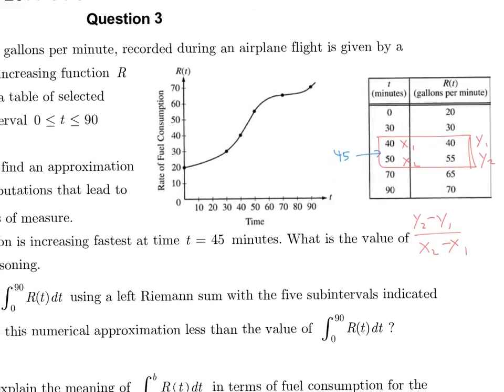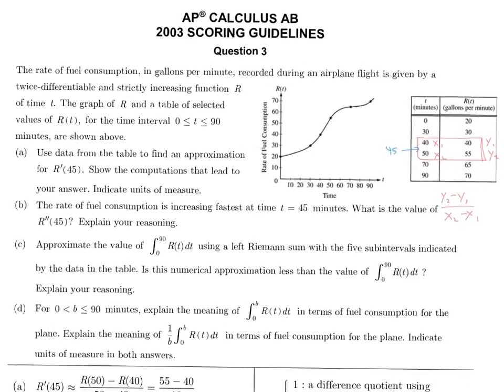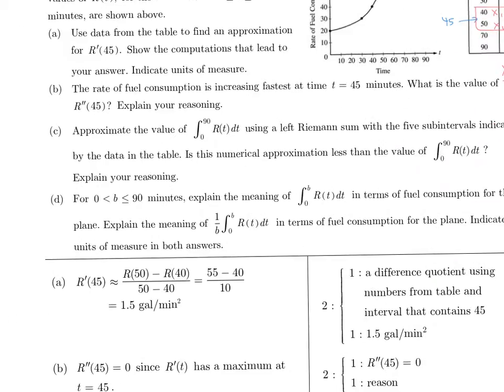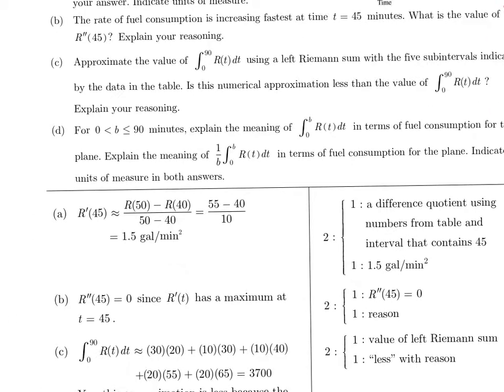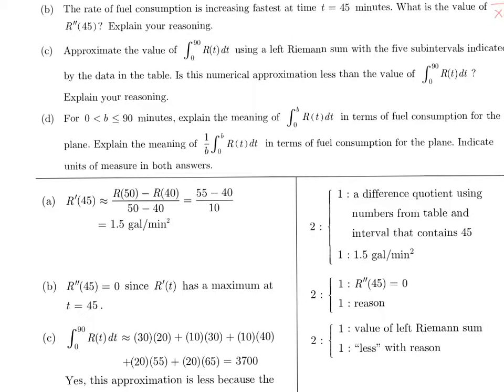Put that into the correct notation of the problem, and here's what it would have looked like. Let's go down here to part A, and there's your y2 minus y1 over x2 minus x1. Notice the units here. To get the 2 points for this part, the difference quotient would have gotten you a point, and then the second point is getting the answer with the units, gallons per minute squared.